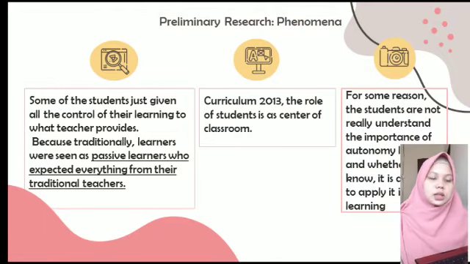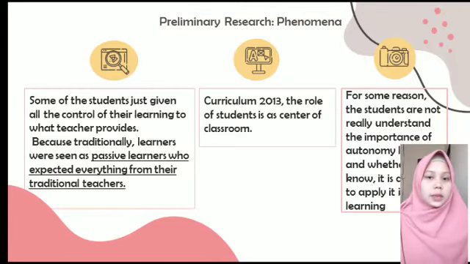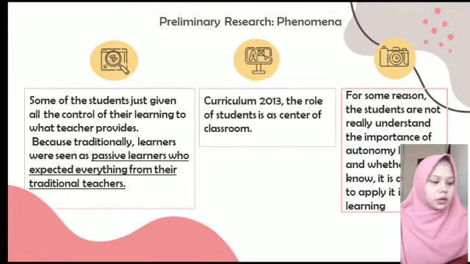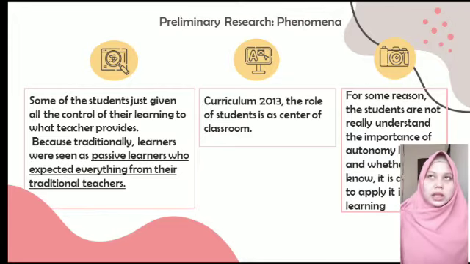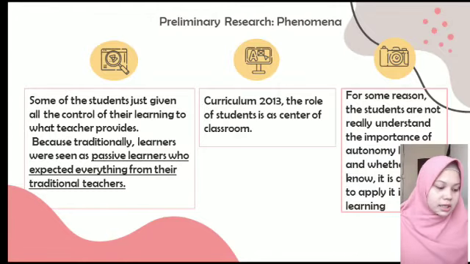The preliminary research was conducted in January 2020, in which I interviewed the Chief of the Language Laboratory, and I found the fact that some of the students just give all the control of their learning to what teachers provide, because traditionally learners were seen as passive learners who expected everything from their teachers, and it is related to the curriculum 2013, in which the role of the student is the center of the classroom.